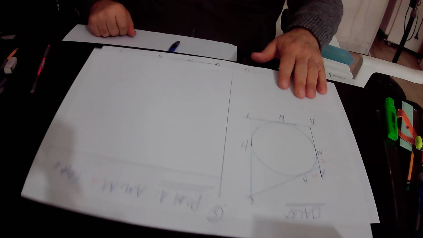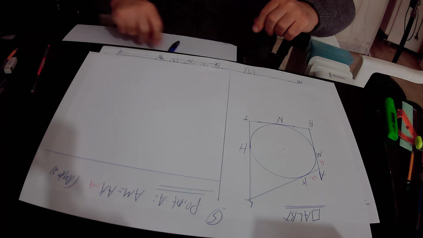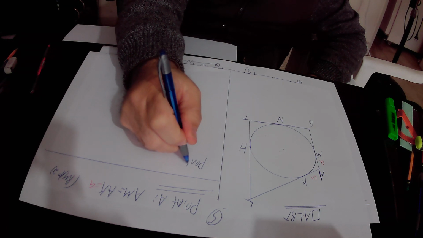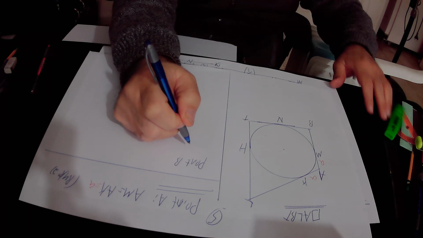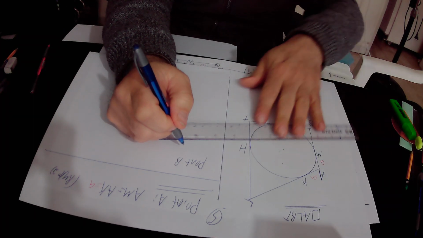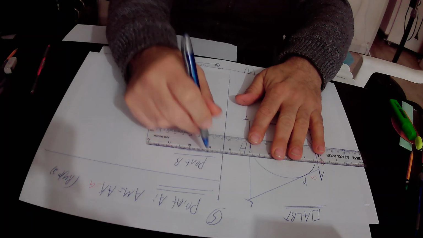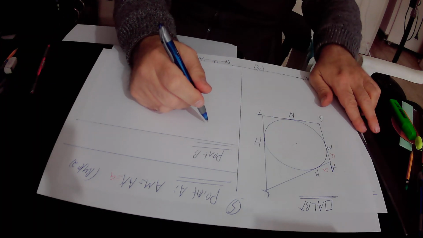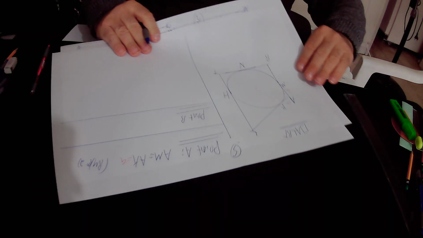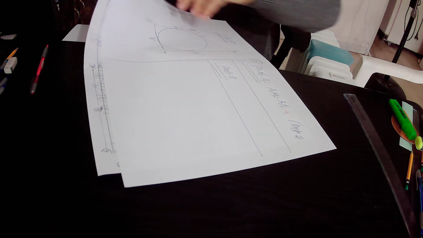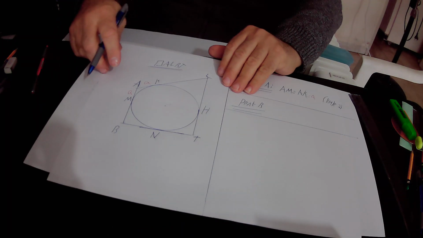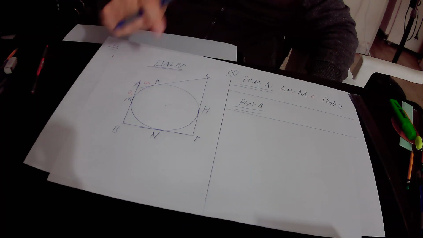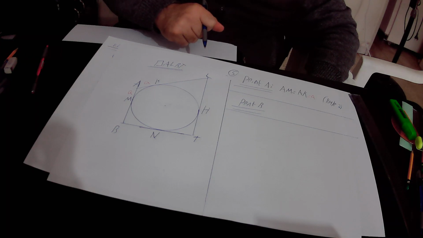Likewise, we focus on the common external point, point B. From the common external point, point B, we have two tangents to the circle, tangent BN and tangent BM, and according to rule 2, they are equal to each other.